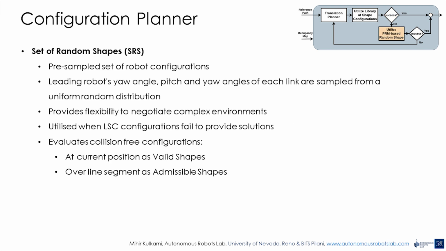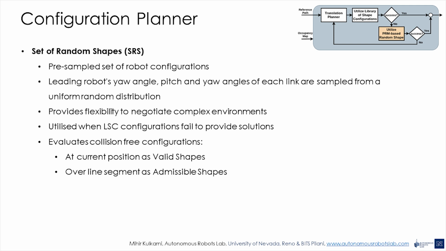The set of random shapes, or the SRS, is a pre-sampled set of configurations. A PRM-based method for shape configuration sampling provides admissible solutions for the path sampled by the translation planner and is only utilized when no LSC-based solution is feasible. The shape of the robot is obtained by sampling the joint angles of the connecting links between arc units and the yaw angle of the first arc unit from a uniform distribution.